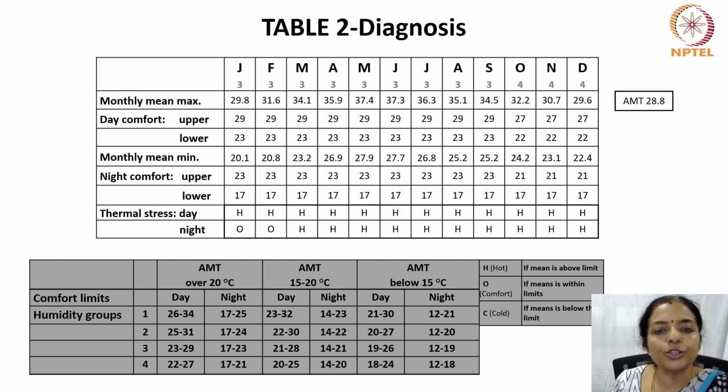Like this you fill for each of the months. Now you can see that 31.6 is more than 29, so it is bound to be hot. Like this, for each of the months, you fill it.